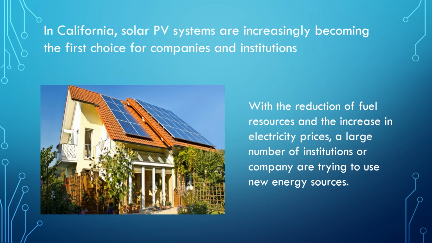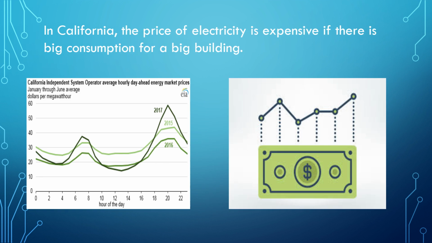In California, solar PV systems are increasingly becoming the first choice for companies and institutions because it is hard to see a rainy or cloudy day in California. There is enough sunlight during the whole year. Also, with the reduction of fuel resources and the increase in electricity price, a large number of institutions and companies are trying to use new energy sources.